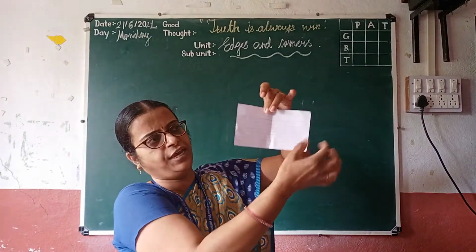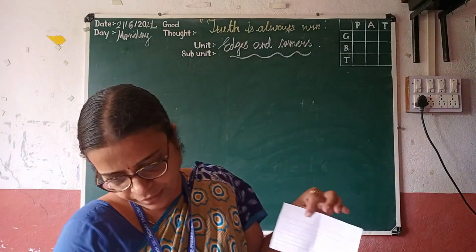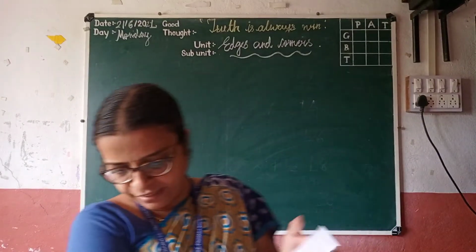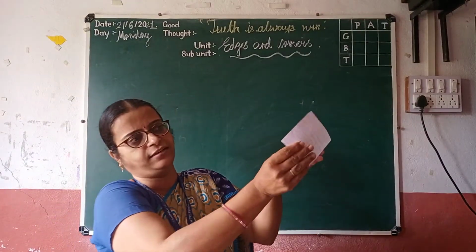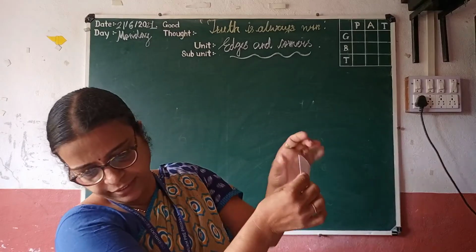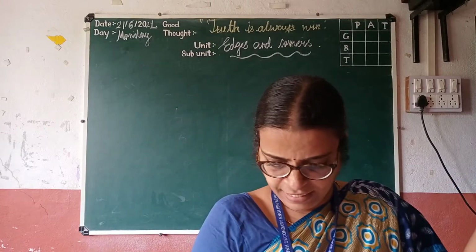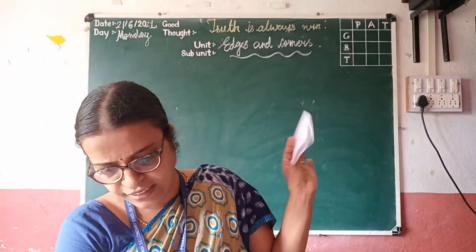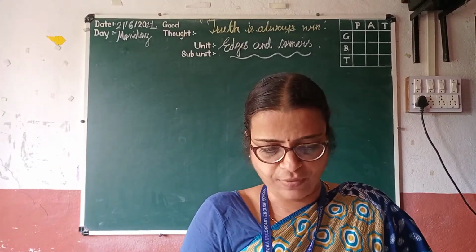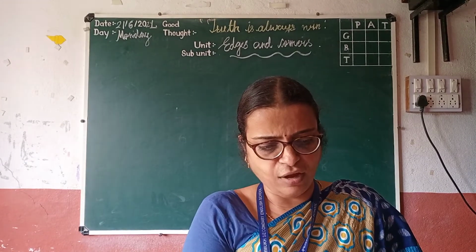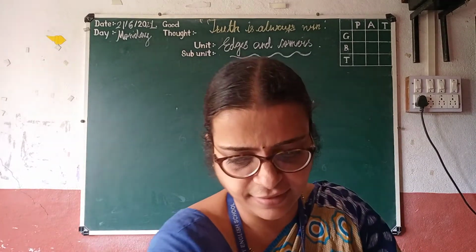1, 2, 3, 4. Now let us fold the paper in the middle to bring the opposite edges together. See here. Then what do we see? The longest side falls exactly on the opposite side. See here, students.